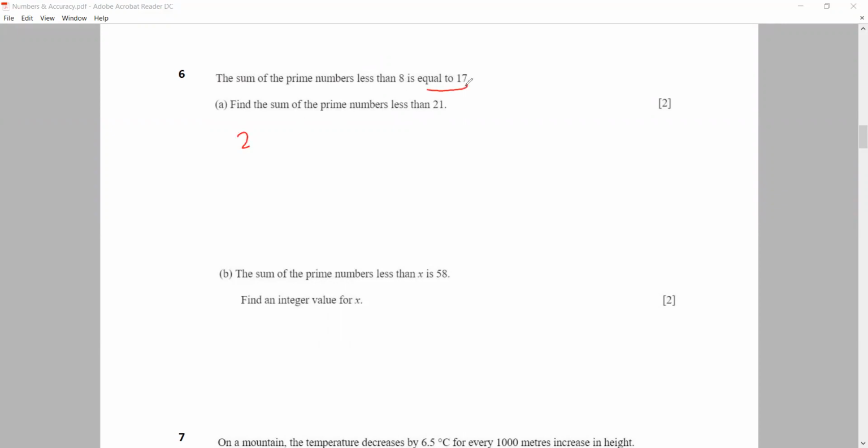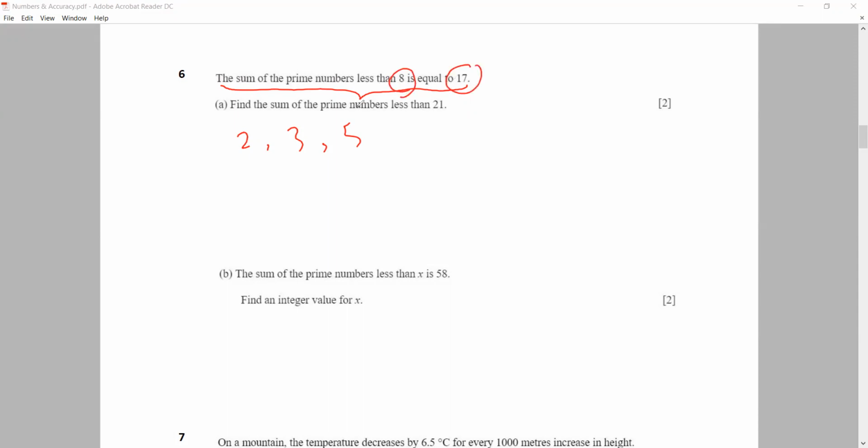However, the first sentence is giving us a hint. You don't need to go all the way back to 2, 3, and 5 and start counting from the beginning, because they already did it for you here. So less than 8, we know it's 17.